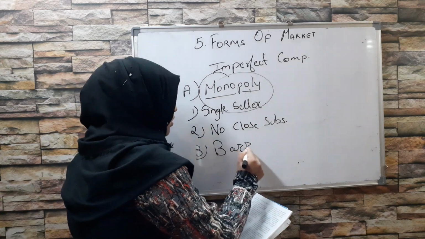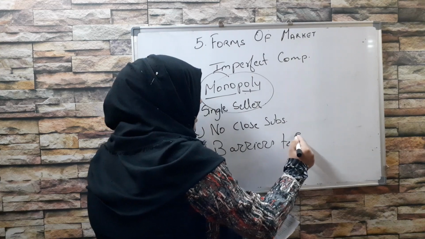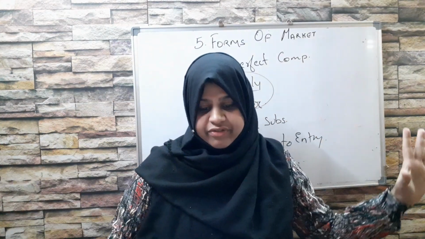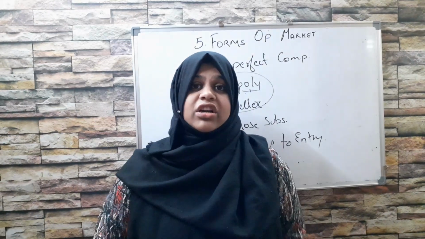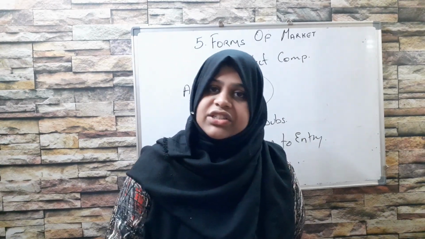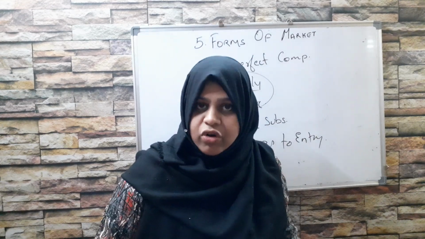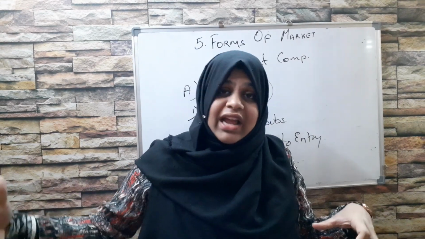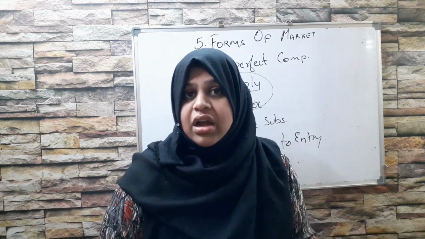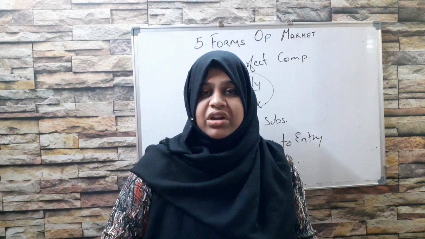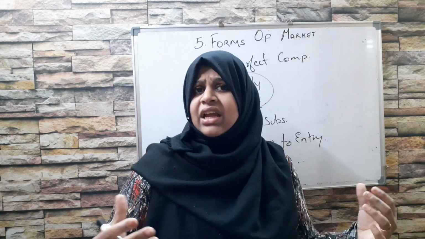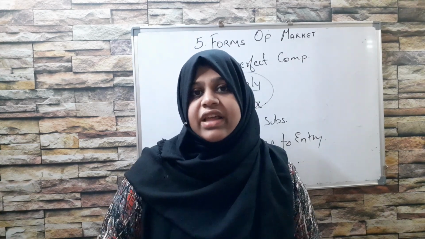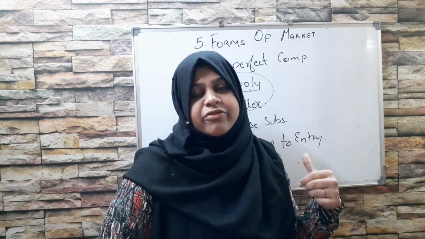Barriers to entry. Now in this type of market, it is very difficult to enter. Why is it difficult? Of course, the monopolist is ruling the market, and he will not like it if anyone else enters. So he is going to create barriers, or there are many legal or natural barriers and restrictions upon entering this type of market.